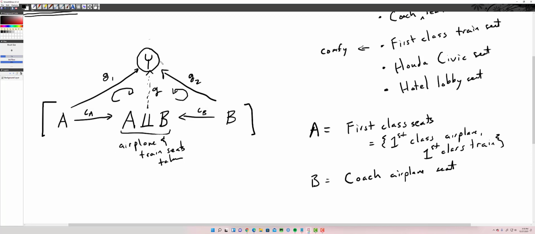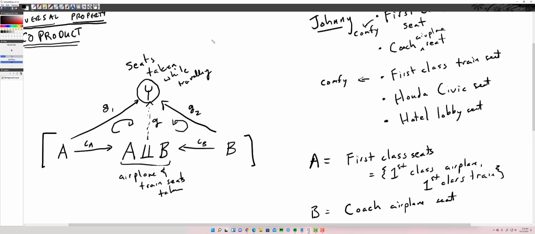And of course, you could also say that A and B are both inside the seats taken while traveling. Right? And you could include A in this coproduct and B in this coproduct, as we've already done. These are the first class seats and the coach seats.